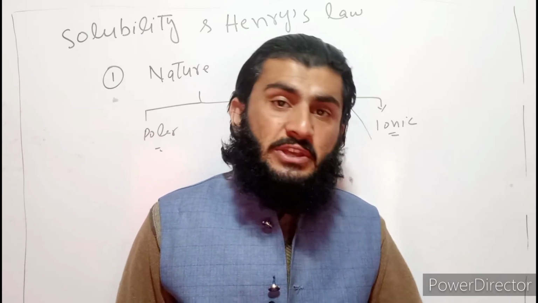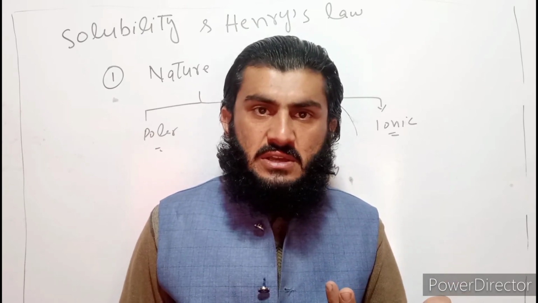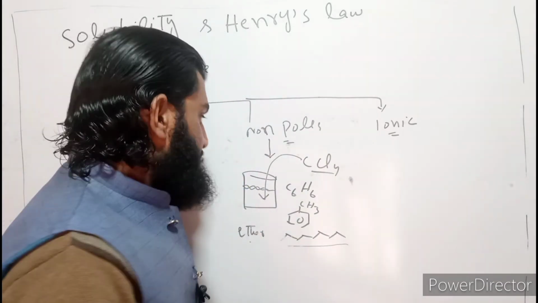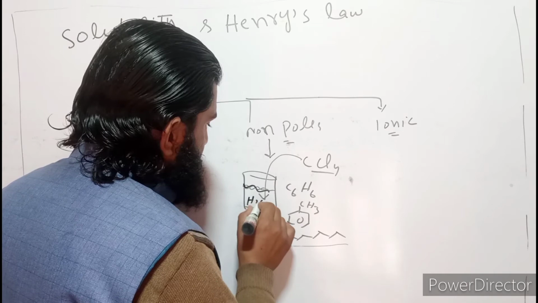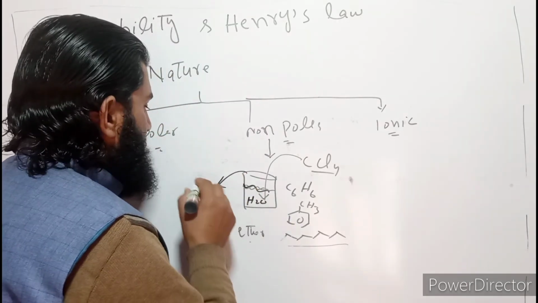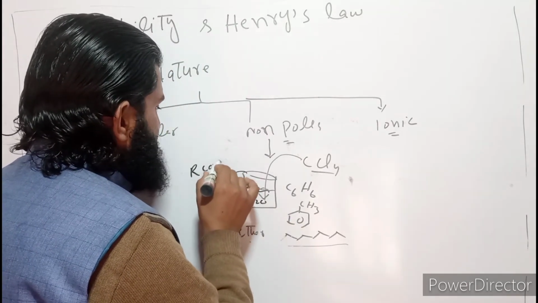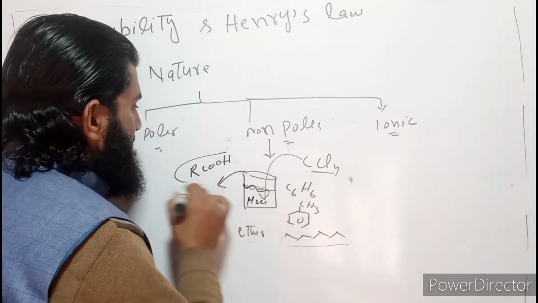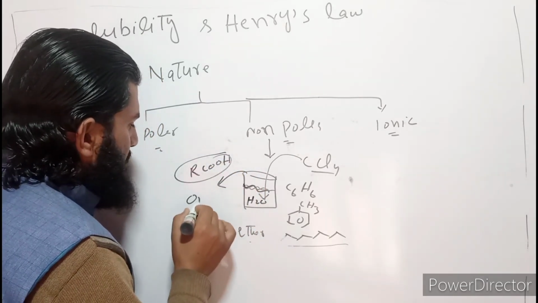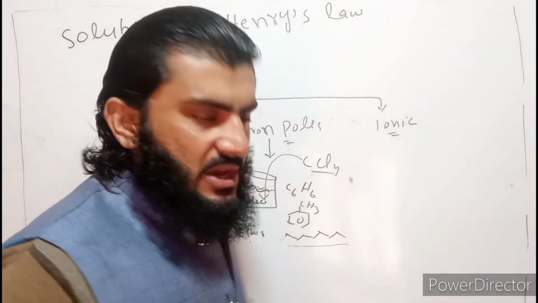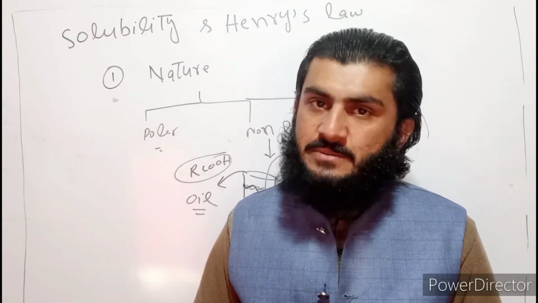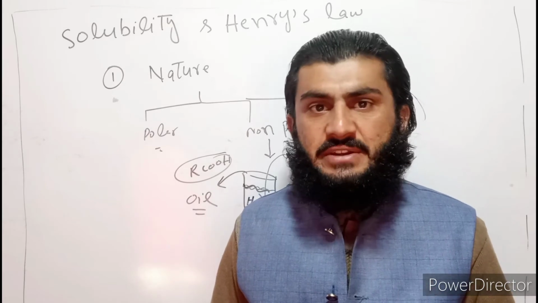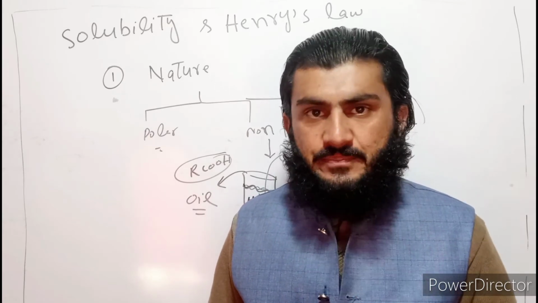If they have different nature, for example, if this is water, H2O, and we dissolve here a long chain carboxylic acid, or for example oil, the solubility is very minimum, negligible, because they have different nature.